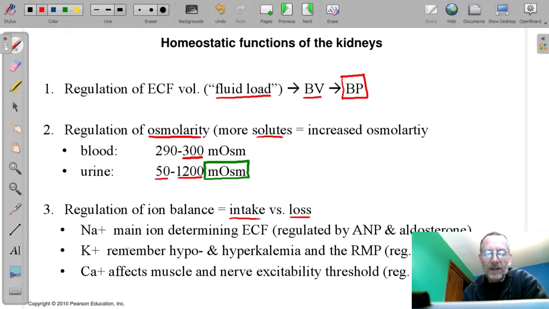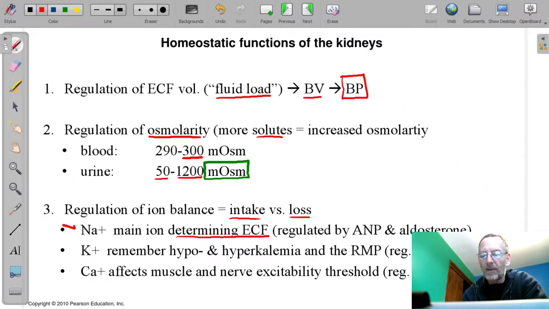And sodium is the main ion that determines the ECF volume. So some people are very sensitive to sodium intake. They eat a bag of potato chips, the next day they weigh an extra 3 or 4 pounds, which is just water gain. So sodium, you remember from Biology 109, and osmosis, water follows sodium.